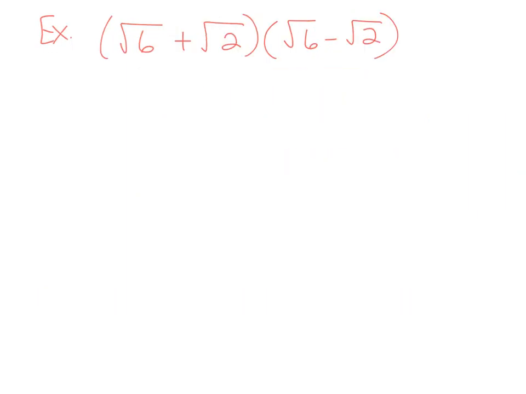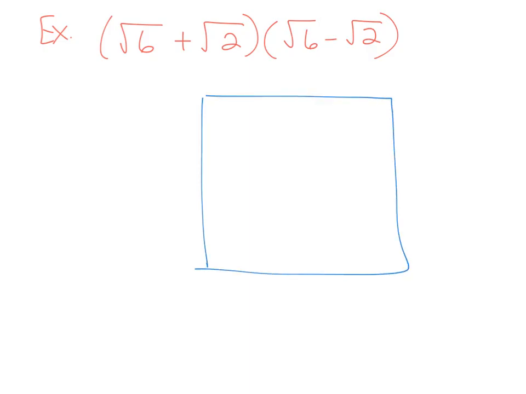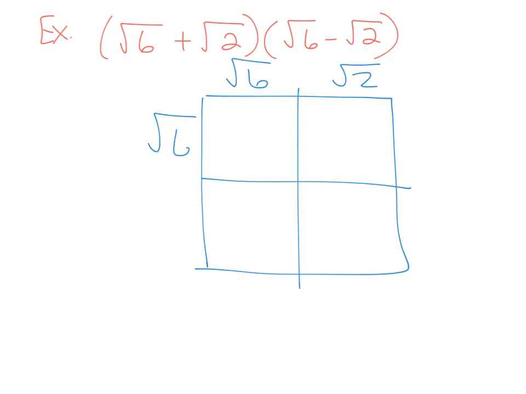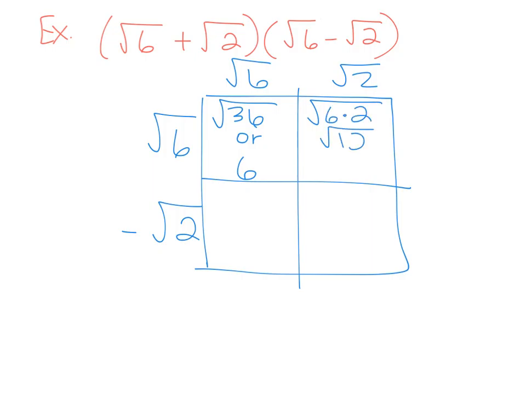All right, so now we've got a lot of things going on. I'm going to make this a big box method just so you can see what this looks like. So we've got square root of 6, square root of 2, and we have square root of 6 and minus square root of 2. Square root of 6 times square root of 6 is the square root of 36, or 6. Square root of 6 times square root of 2 is the square root of 6 times 2, which is the square root of 12.